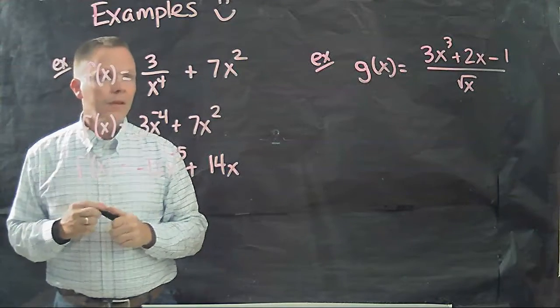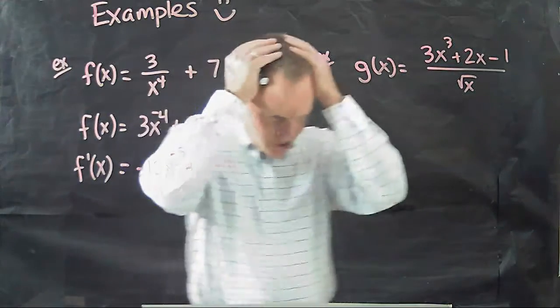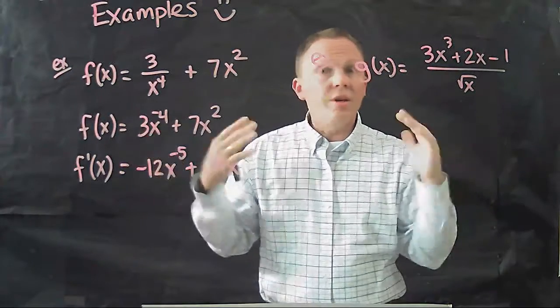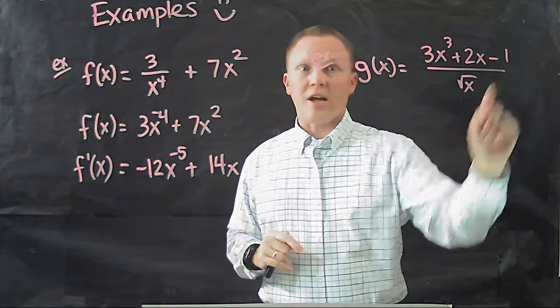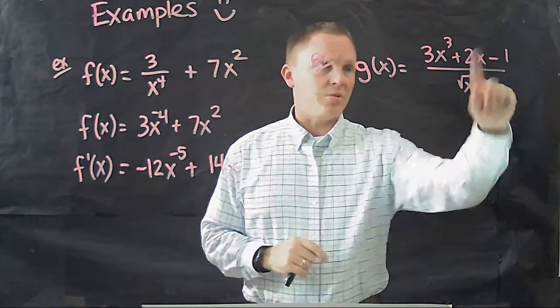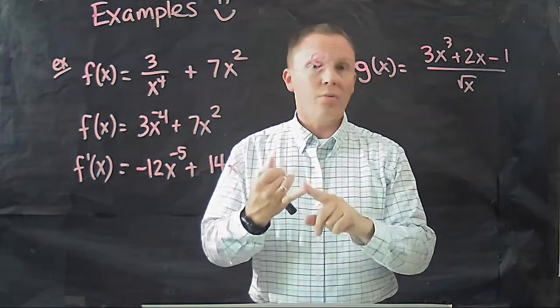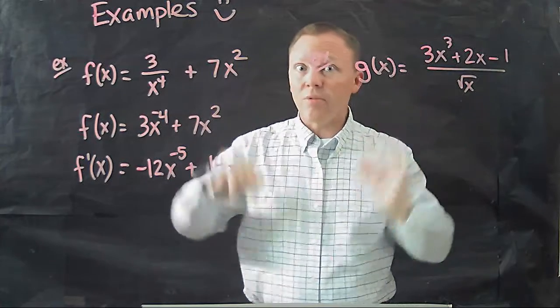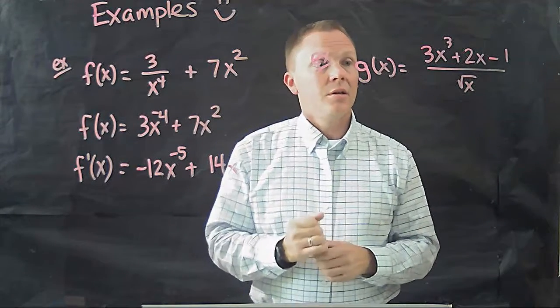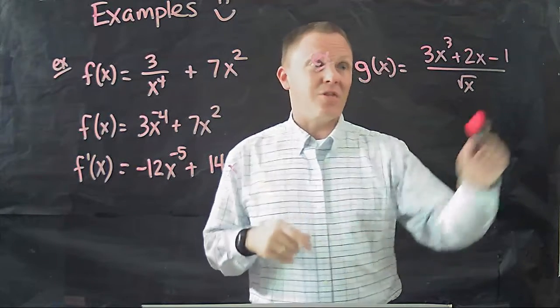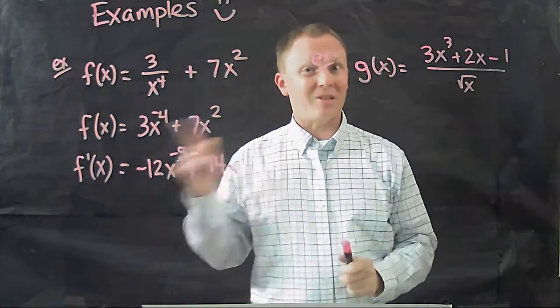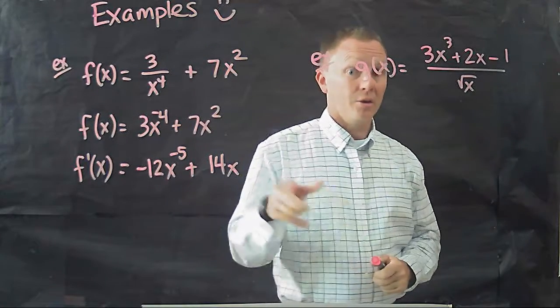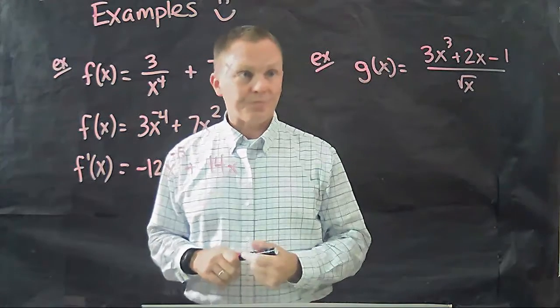Now you might be looking at that saying, oh my gosh, Mr. Mitter, you didn't teach us how to take the derivative when you're dividing two things. We had a power, and we had a sum and a difference. Well, we didn't have anything with dividing, and you're right, I didn't. And don't be tempted to think that I can just take the derivative of the top and the bottom, because it doesn't work that way. There's a quotient rule that we'll learn next time.